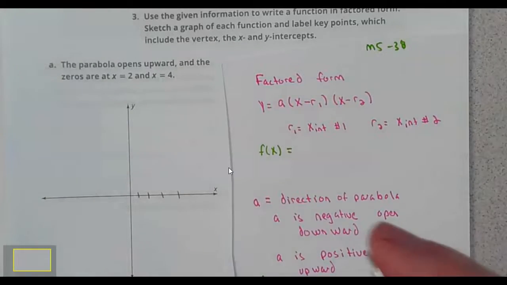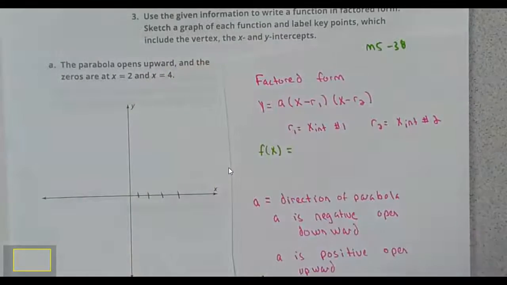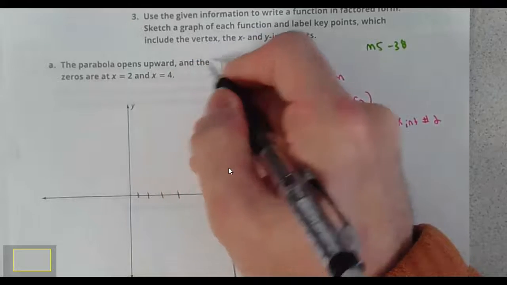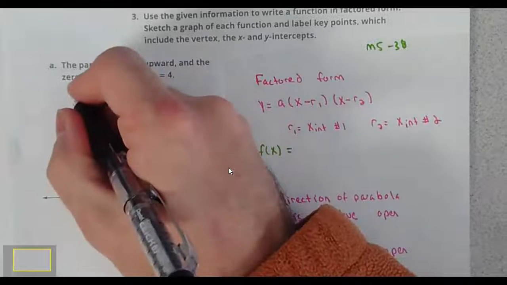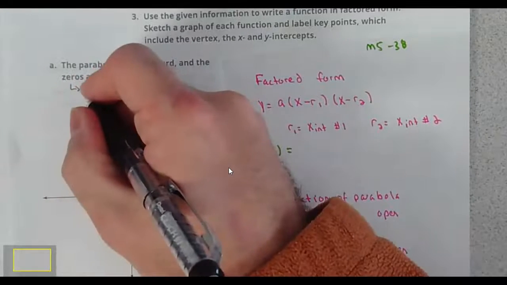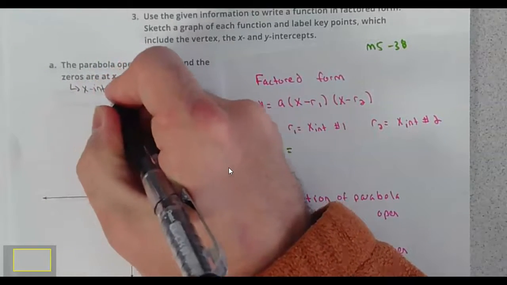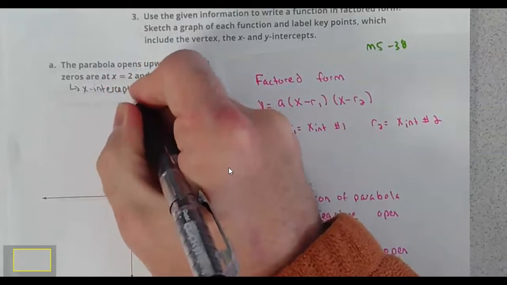So in this situation, we're trying to draw a parabola that opens upward and has zeros at x equals 2 and x equals 4. Zeros, remember, is our fancy word for x-intercepts.